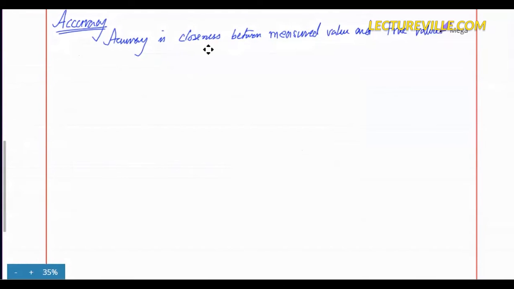Accuracy is closeness between measured value and true value. This is disturbed by systematic errors. Now, what is precision?